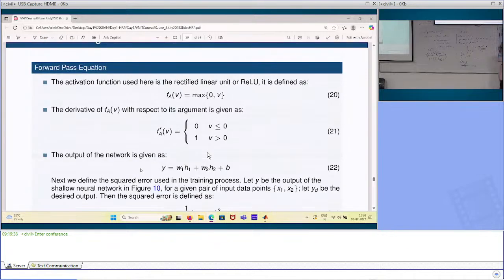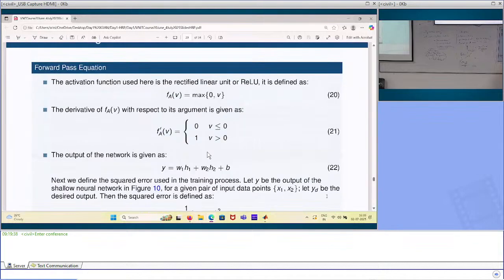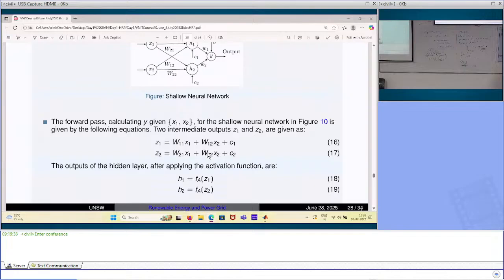Does it make sense that dy on dw1, del y on del w1 will be h1? ठीक है? ये लिख लें आप. Just write this expression so that we don't have to go backwards and forwards. Y भी लिख लें, ये भी लिख लें. Z1, Z2. Okay? Just write it out so that we don't have to.